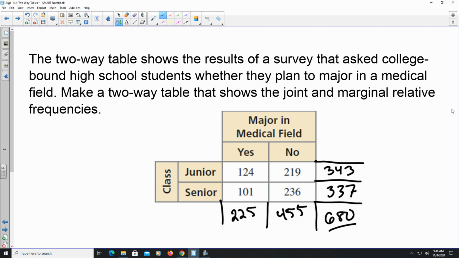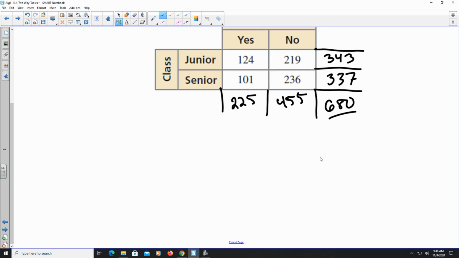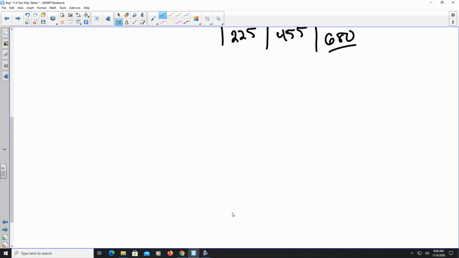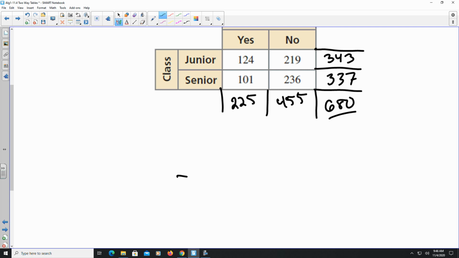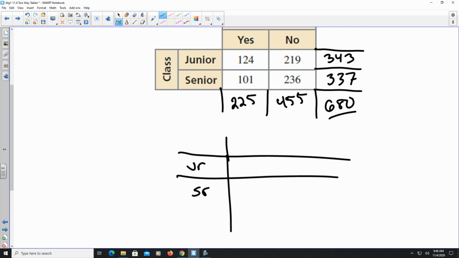So in order to make this marginal relative frequency, we're going to look at the percentages. If I were to make this into a table as well, I have juniors, I have seniors, I have my yeses, I have my nos.